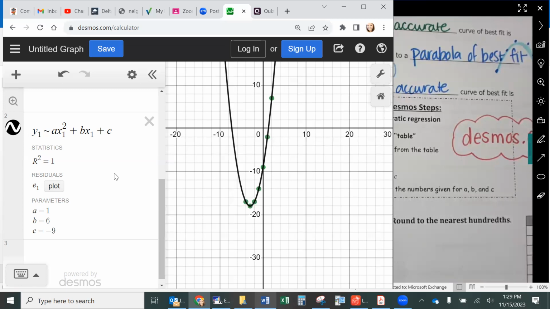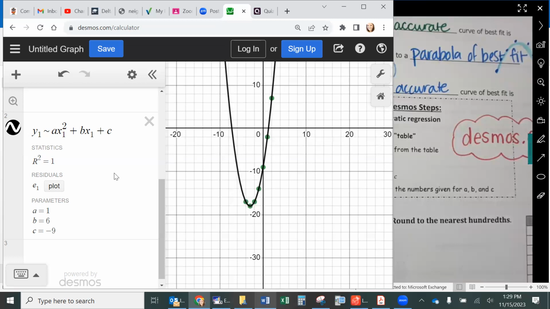And then remember, anytime you type BX, don't forget the 1 on every X you type. Please have the 1 and then plus C. Plus C, yeah.